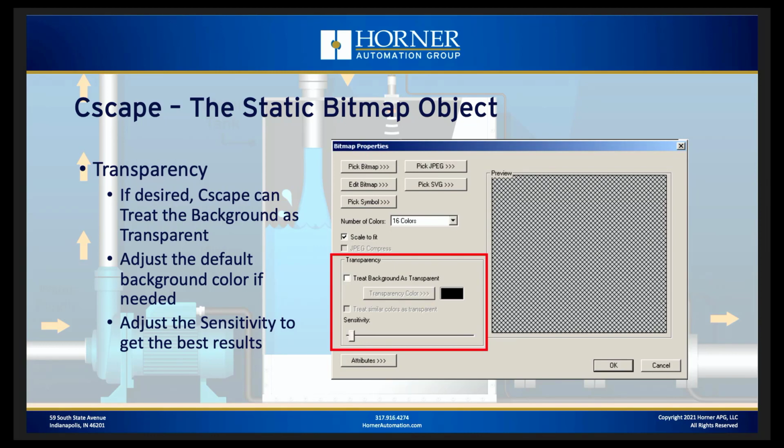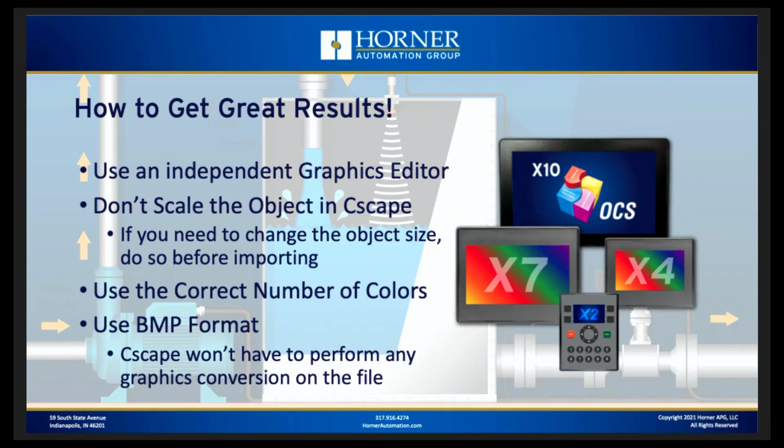And then Cscape will estimate based on the graphic what it thinks the transparent color ultimately will be, or what it's starting out as that it will become transparent. And then depending on how many colors in the graphic that you're keeping are close to the color of the background, you may need to adjust your sensitivity dial or slider there to get the exact result you're looking for. So that's just something to be aware of, but we'll demonstrate that later on. It's not quite as complicated as it seems.